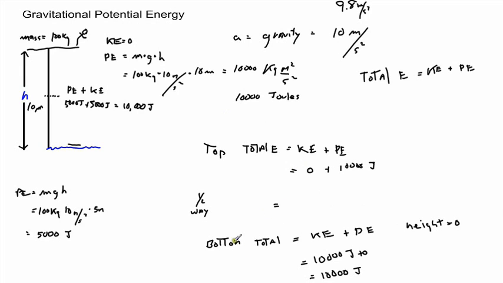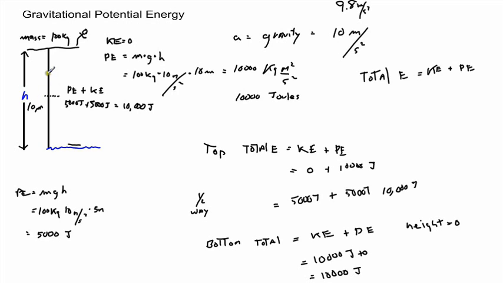Okay, so you see how that works? Can you see that halfway down the total is still 10,000, but it's now made up of 5,000 joules for KE plus 5,000 for PE? Okay, and it's all because energy can't be created or destroyed.